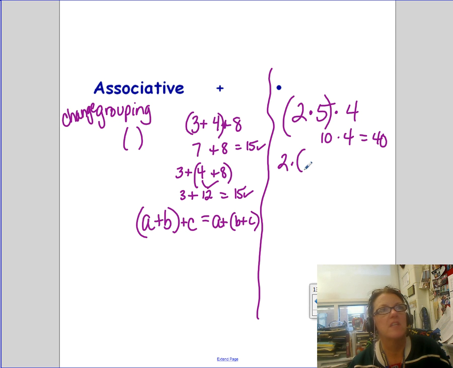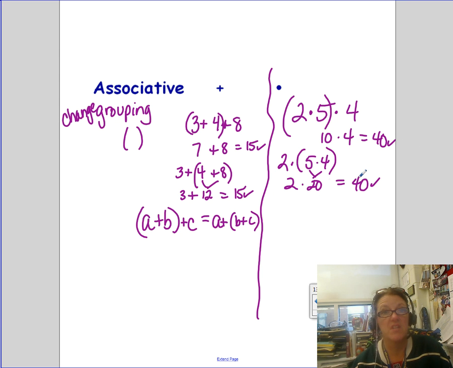What if I group the 5 times 4 in parentheses instead? That's 20, and then 2 times 20 is 40 again. It appears as though this property works for multiplication too. You're right, yes it does. So, algebraically, I could write it like this.